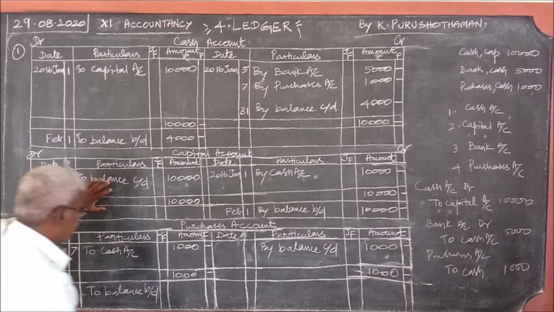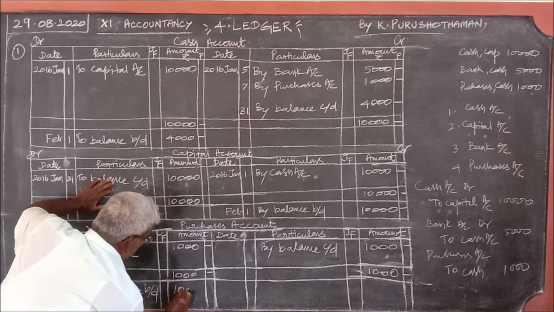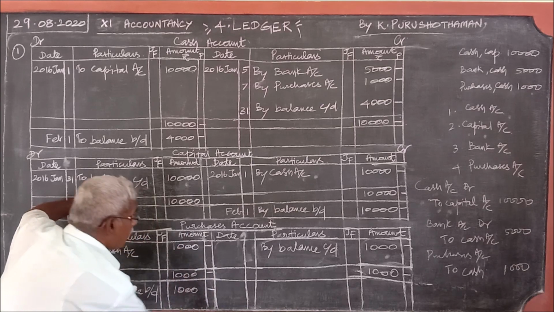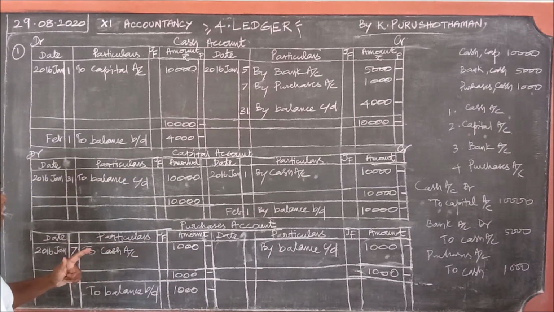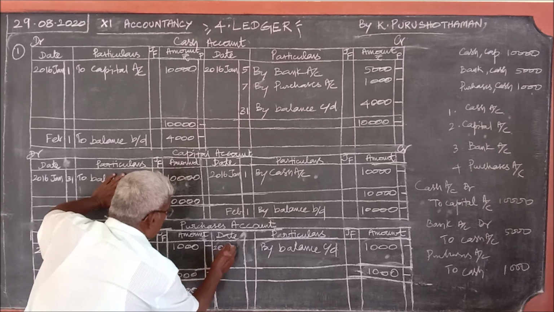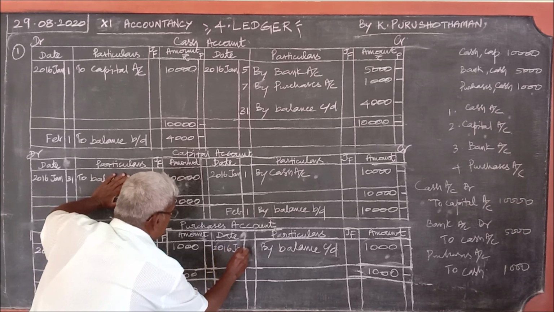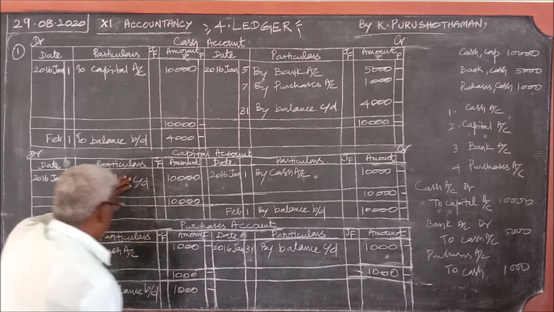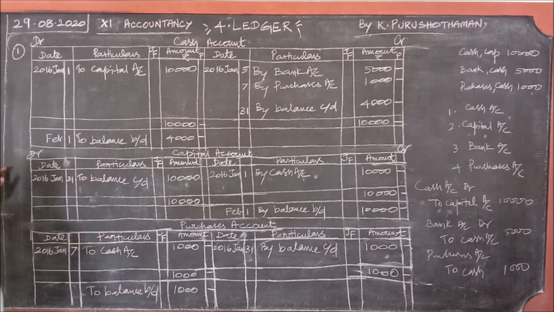Balance brought down is 1000. For carried down, the last date of the month, that is 2016 January 31st, and for brought down the next month's first date, February 1st. That's all for problem number 1. We shall continue with problem number 2 now.